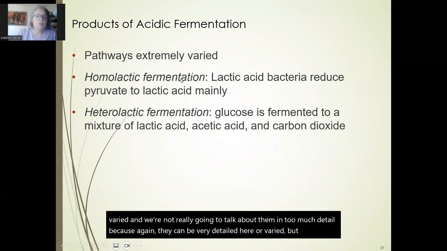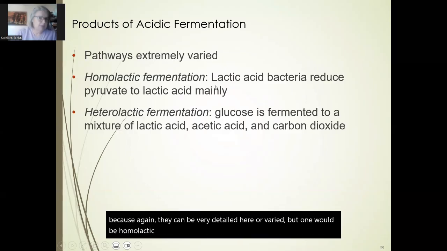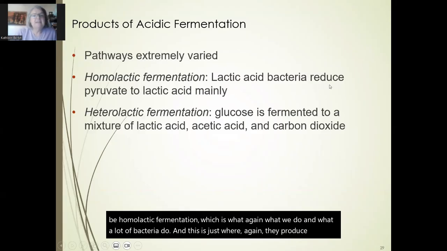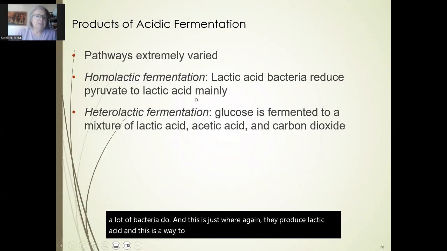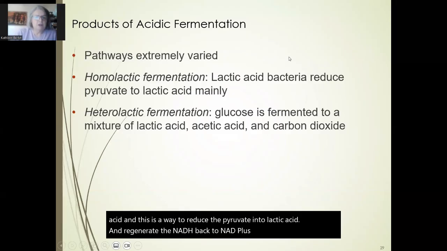But one would be homolactic fermentation, which is what we do and what a lot of bacteria do. And this is just where, again, they produce lactic acid, and this is a way to reduce the pyruvate into lactic acid and regenerate the NADH back to NAD plus to go back to glycolysis.